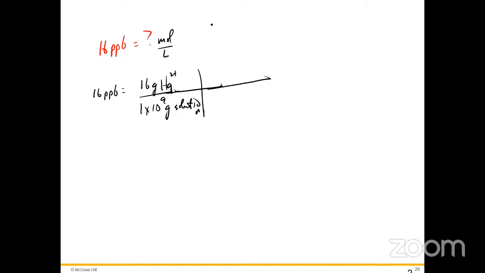Now the assumption is that 1,000 grams of solution would be equal to 1 liter of solution, all right? So basically I'm going to put 1,000 grams up here of solution and divide that by 1 liter of solution, all right?